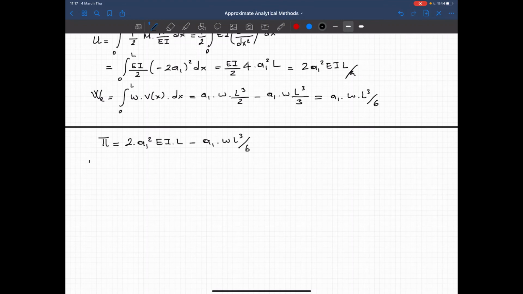Now if we just take the derivative with respect to A1, del P over del A1 will give me 4 times A1 EI multiplied by L minus W L cubed over 6. And from that I obtained the coefficient A1 as equal to W L squared divided by 24 EI.